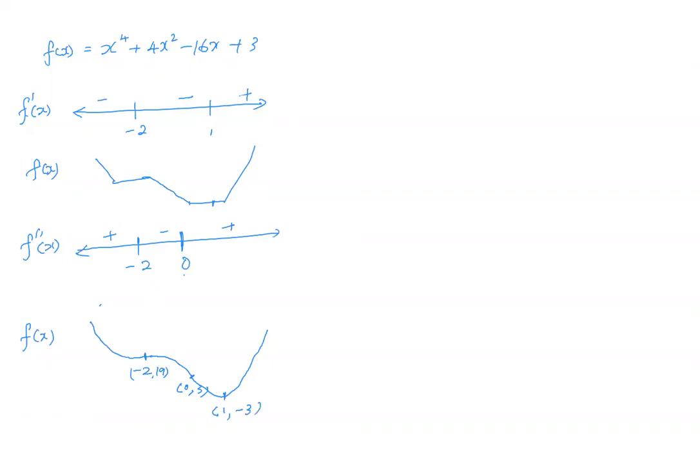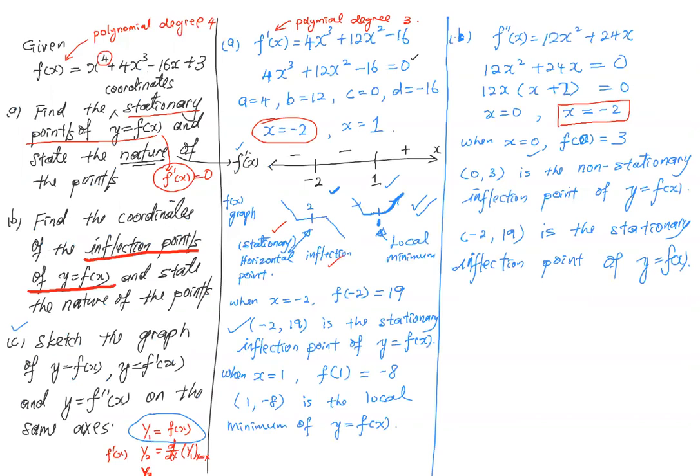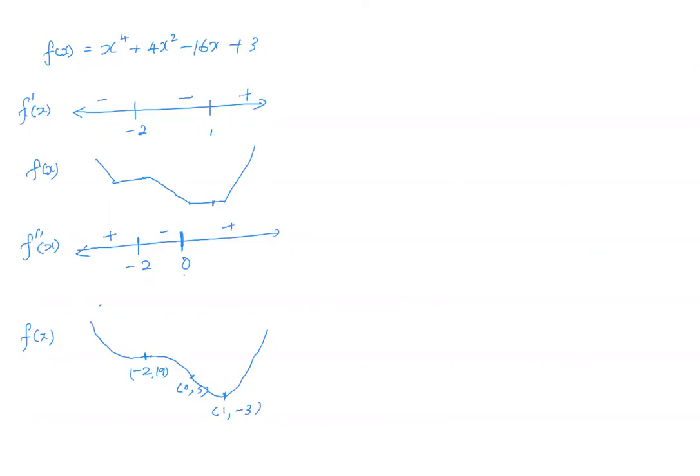Is it -3 just now? I got all the important points. Oh, -8, sorry, -8. So this is what my y equal to f(x) graph looks like. Now I prepare my axis.